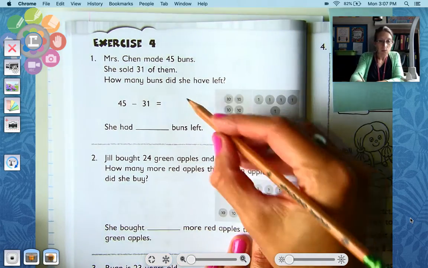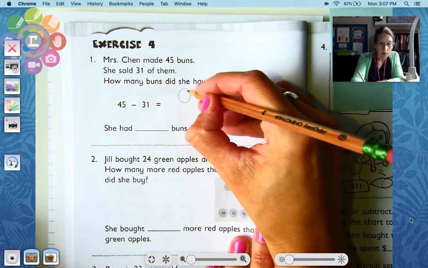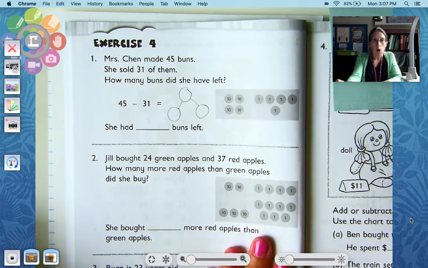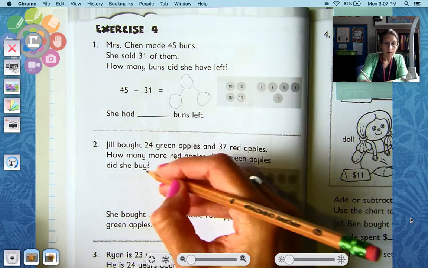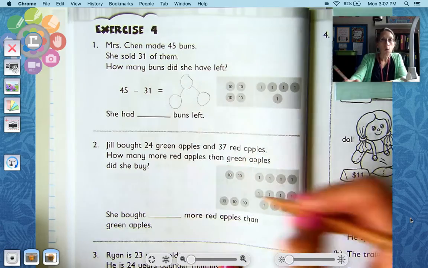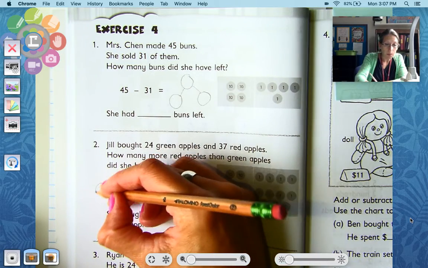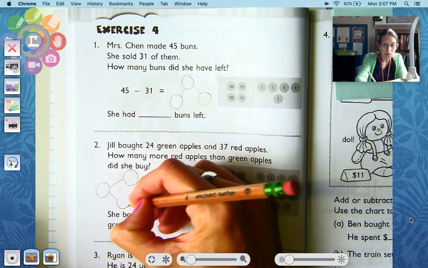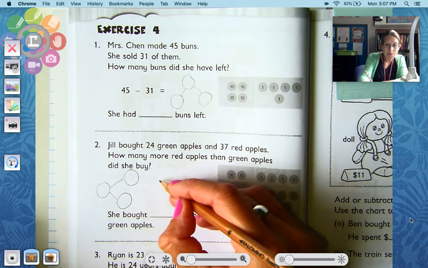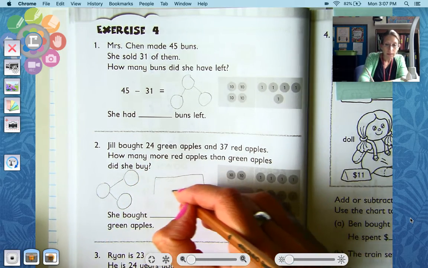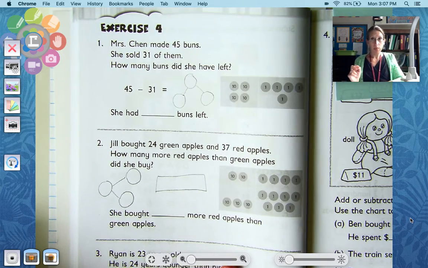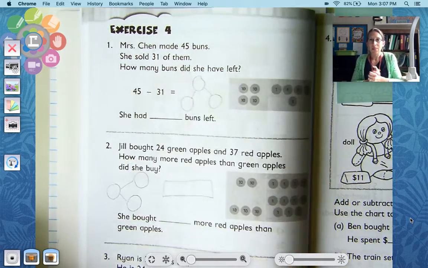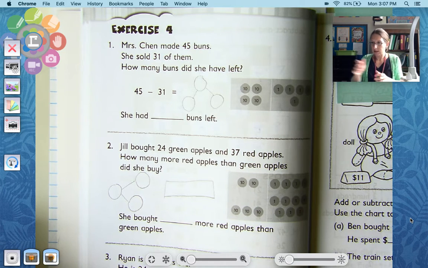So that means when you are doing your work, you should have either a unit bar or a number bond. Now you could have both if you really wanted to be like, oh, Miss Taylor, let me impress you with my number bond and my unit bar. Oh my goodness. I would be so impressed if you did both. That would be like, holy smokes. All right, so that is your homework for today, pages 36 and 37.